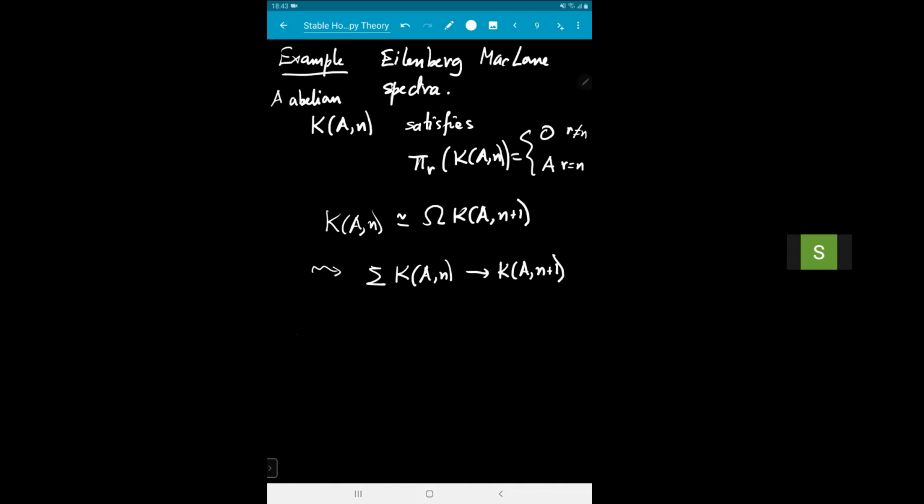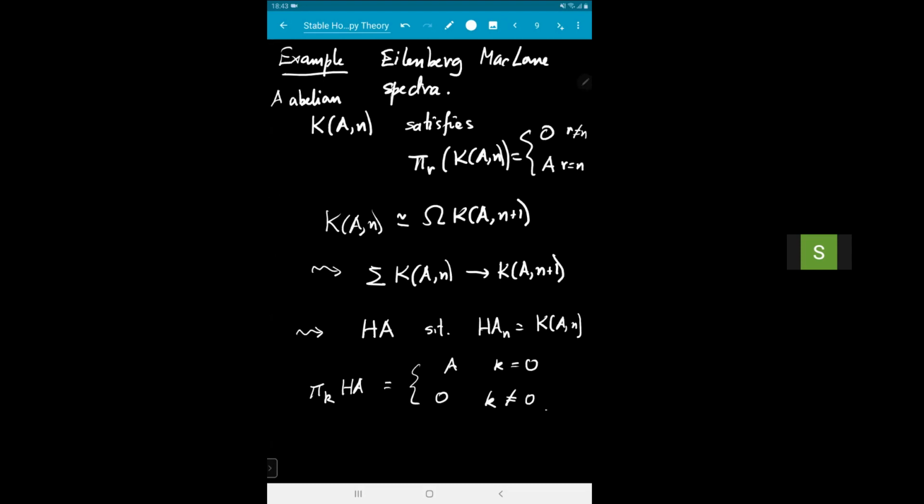So this allows us to define a spectrum HA such that (HA)_n is K(A,n), and the homotopy groups you will easily calculate: π_k of HA is A if k is equal to 0 and 0 if k is not equal to 0.